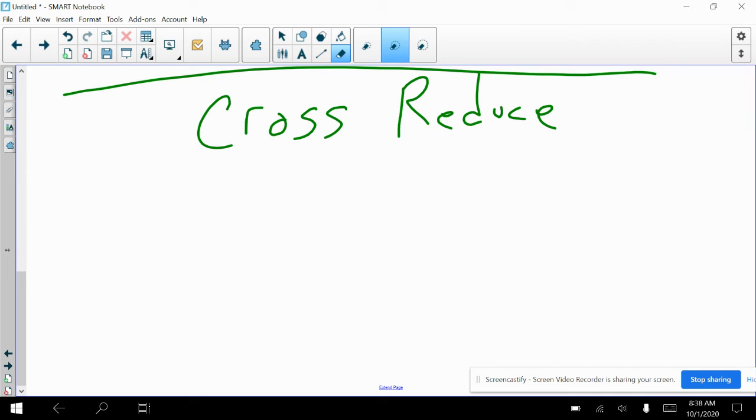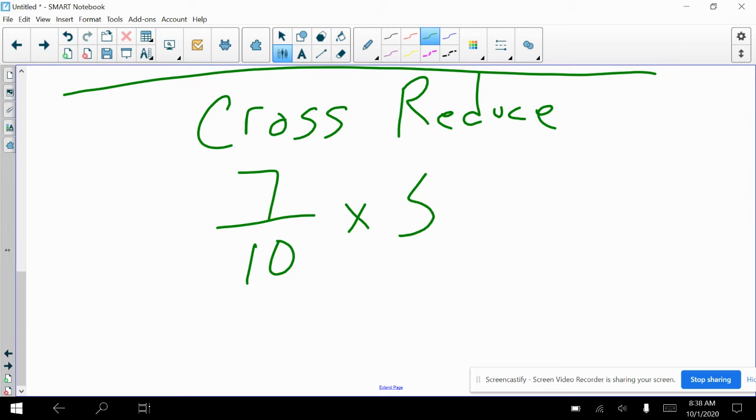So far, so good? Okay, let's try this one. Do this one on your own. I'll give you a minute or two. See what you come up with.